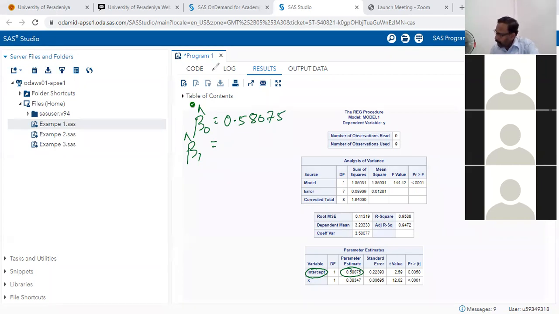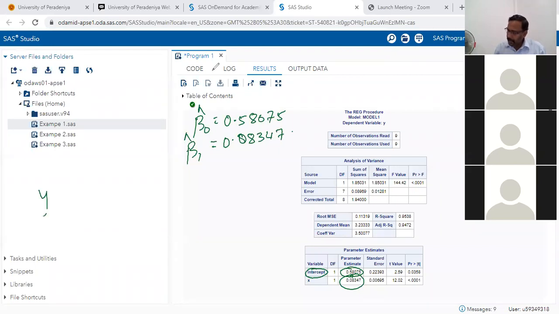The parameter estimate of the x variable, beta 1, is 0.08347.